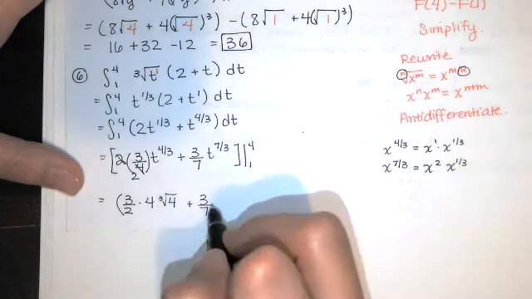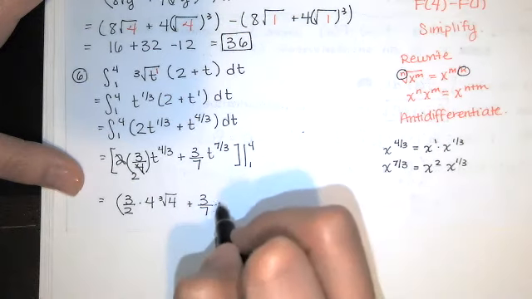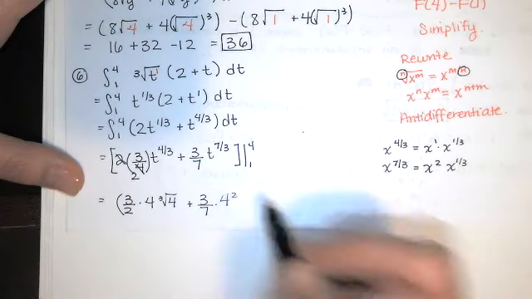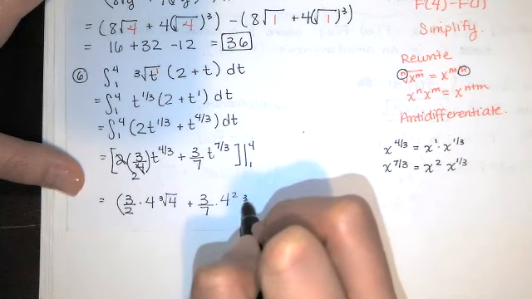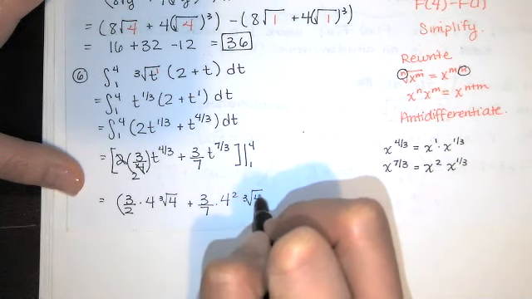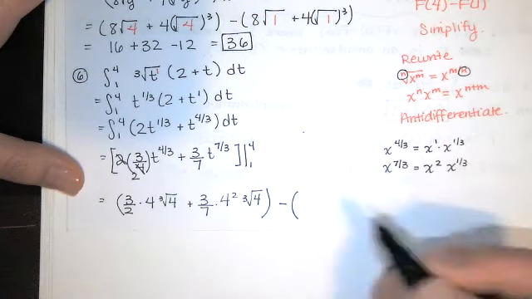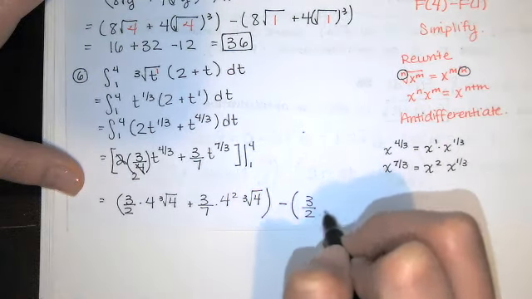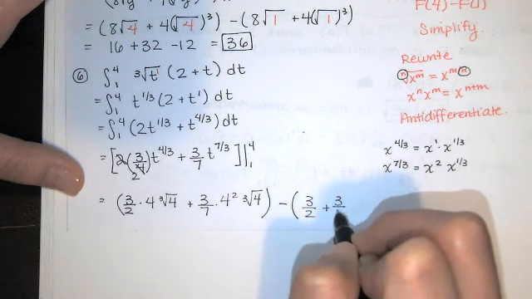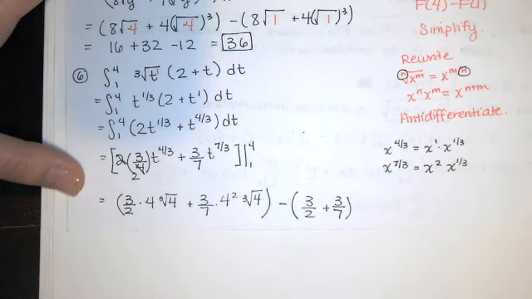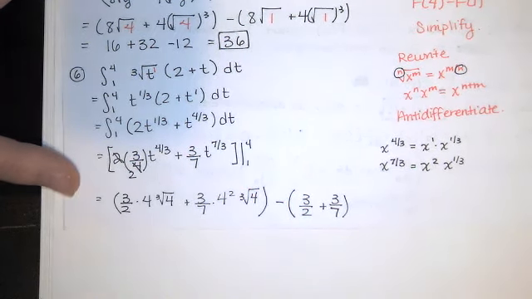So when I substitute in 4 here, I'm going to get 4 squared times 4 to the 1/3, or the 3rd root of 4. Then we evaluate all of that at 1. So we get 3/2 plus 3/7. It's very ugly, I'm sorry.